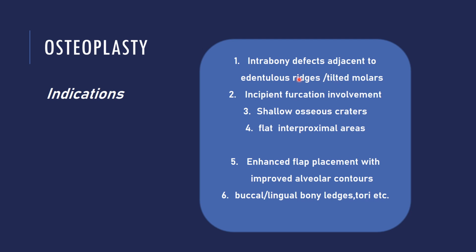Incipient furcation lesions, that is grade 1 furcation involvement: for furcation plasty you can just go for osteoplasty to make it accessible for oral hygiene maintenance. Also for shallow osseous craters, flat interproximal areas, enhanced flap placement with improved alveolar contours, and buccal or lingual bony ledges or tori.